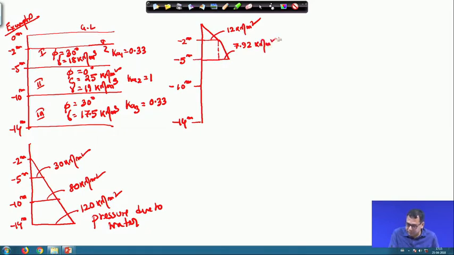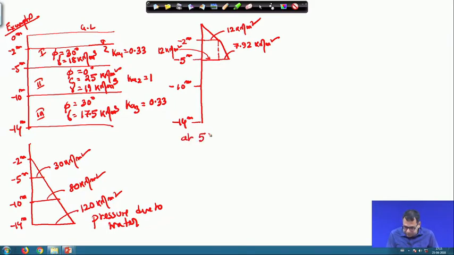So, this is 7.92 and this side value is 12 kilonewton per meter square. So, the total will be 19.92.